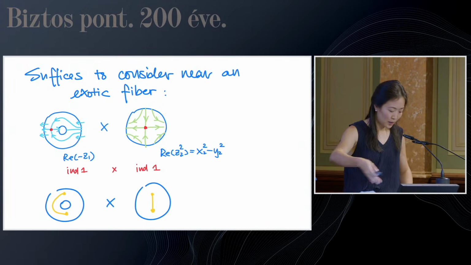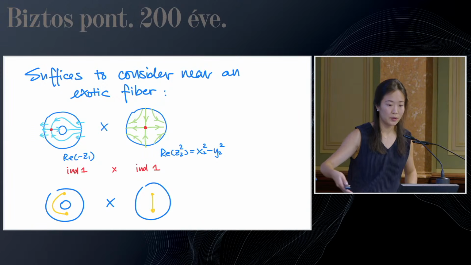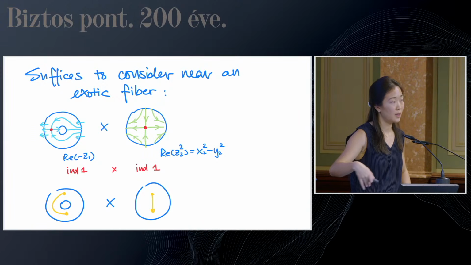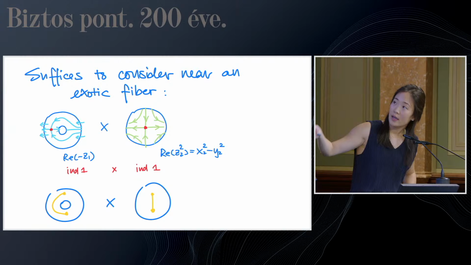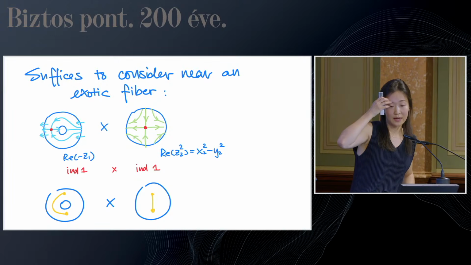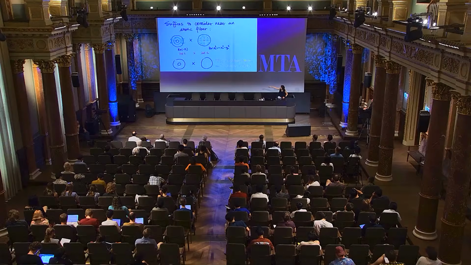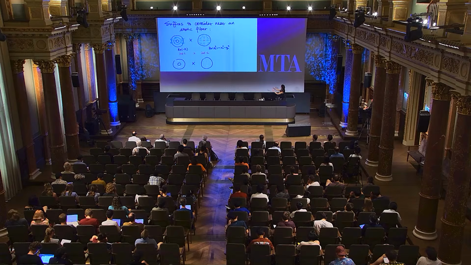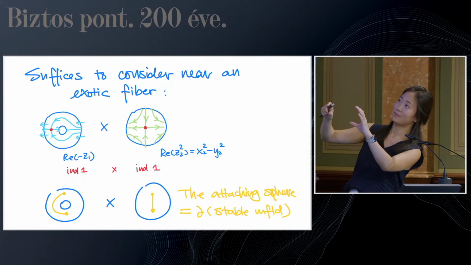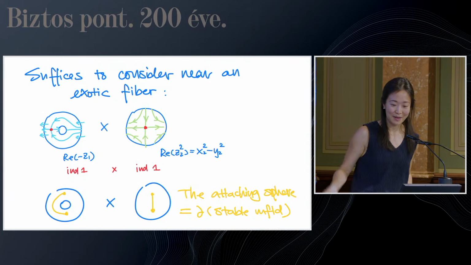And to tell you what the Weinstein structure is, I need to tell you how I attach the Weinstein handle. This is by considering the boundary of the stable manifold, which I drew here in the yellow line, as a product of the yellow curves. And you can see these are the stable manifolds.